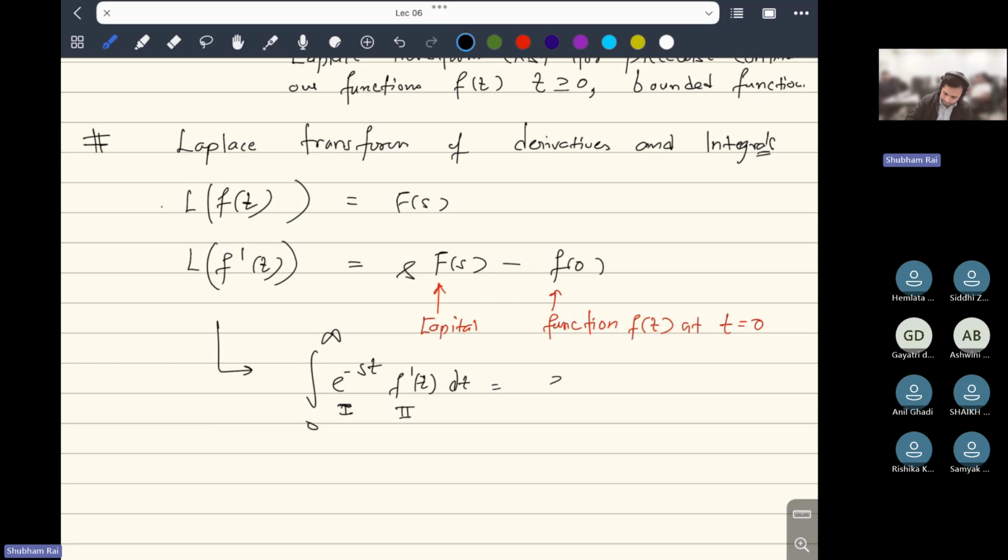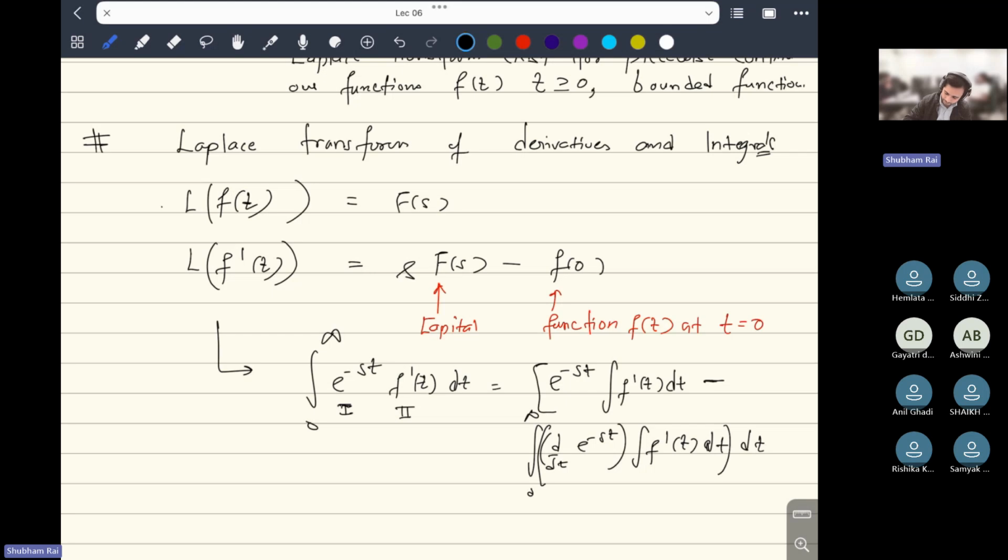It will be the first function times the integral of the second function, minus the integral of the differentiation of e raised to the power minus st, d by dt, times the integral of f prime of t dt, and then the integral of this whole thing from 0 to infinity.